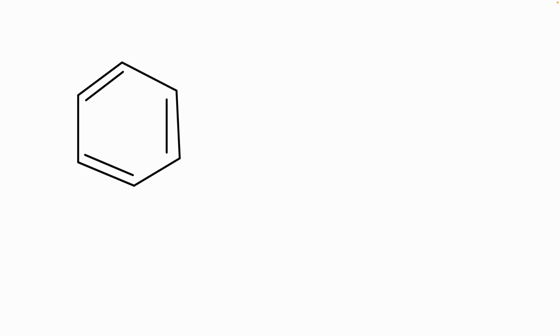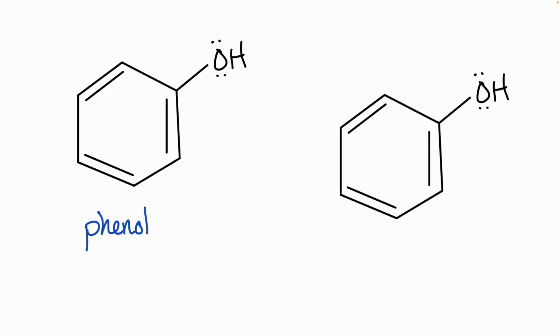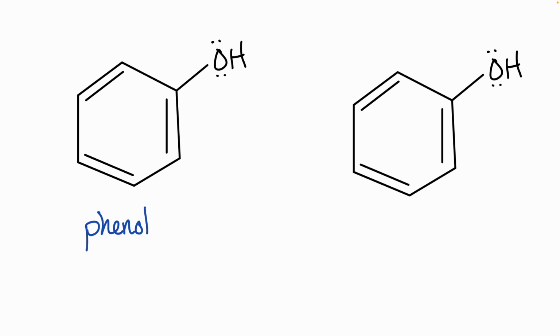If we take a benzene derivative and we put an alcohol group on there, a hydroxyl group, this is not like benzanol or something like that. This molecule has its own special name, and that is phenol. And so if we take a derivative of phenol, let's put a chloro group on there.